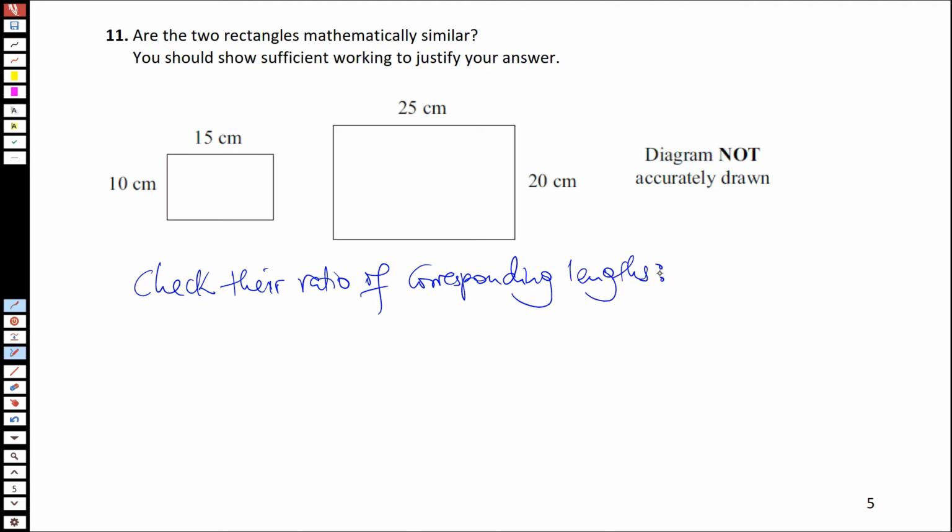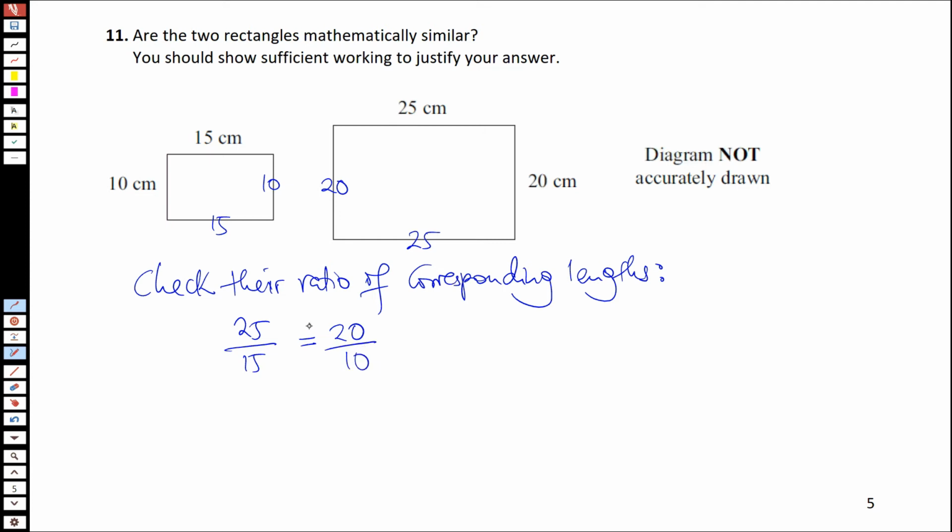Okay, so basically these are rectangles, which means that will be 20, that will be 10, that will be 15, that will be 25. So we can go ahead and just take the ratios of corresponding lengths. That corresponds to that, and that corresponds to that. So we want to check whether 25 over 15 will be equal to 20 over 10.